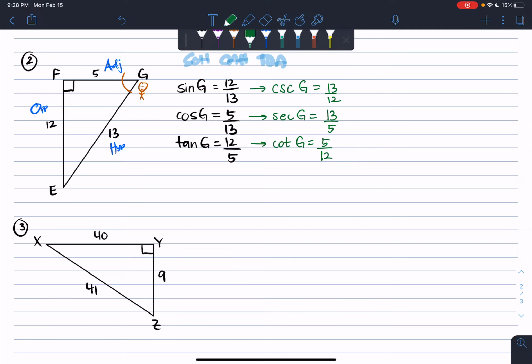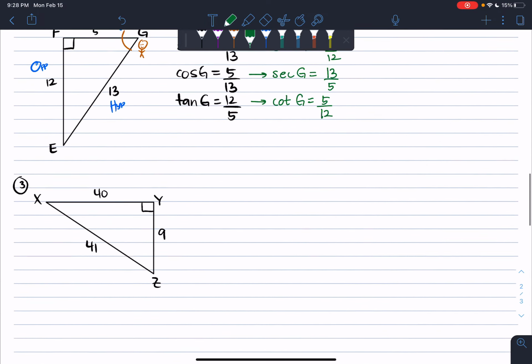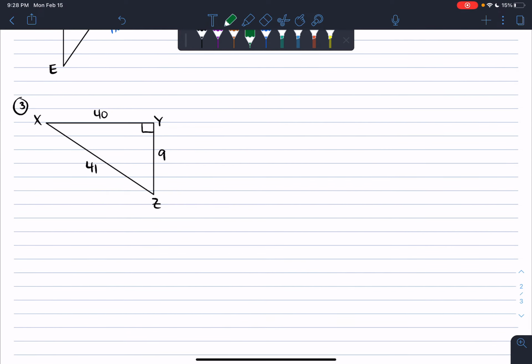Okay. So let's do one more here. Let's scroll down to number 3. So for number 3, let's assume we have X as our reference angle. And again, I'm just choosing a random angle here. I just decided to choose X, so that's where we're going to stand. All right. So again, let's identify sine, cosine, and tangent.